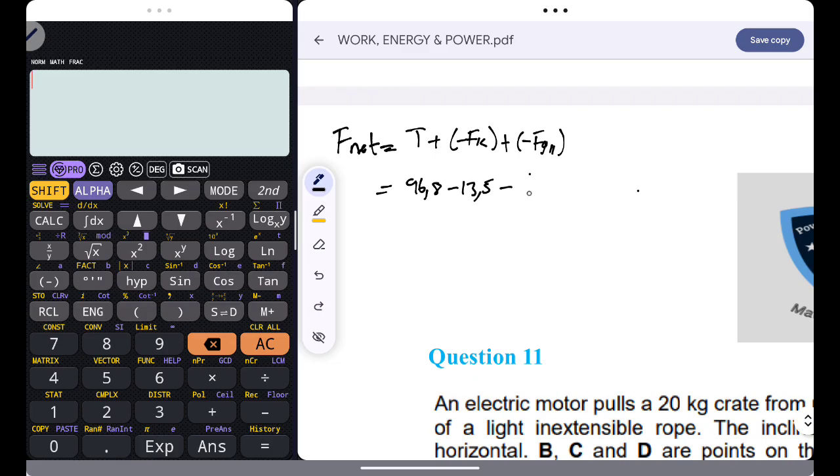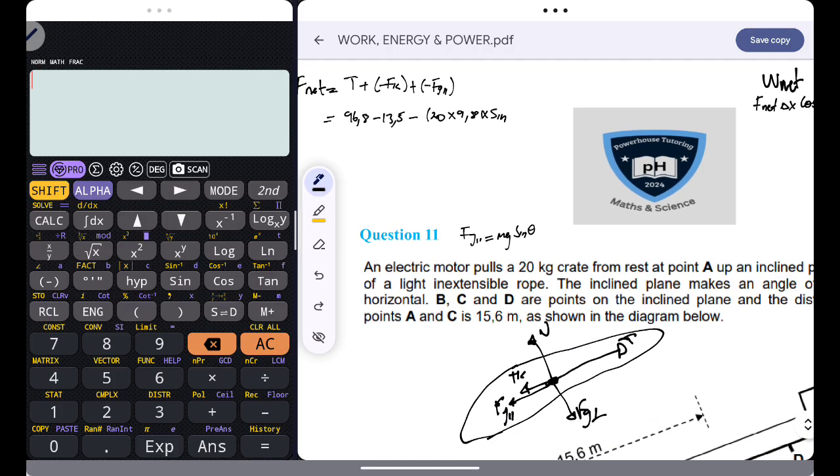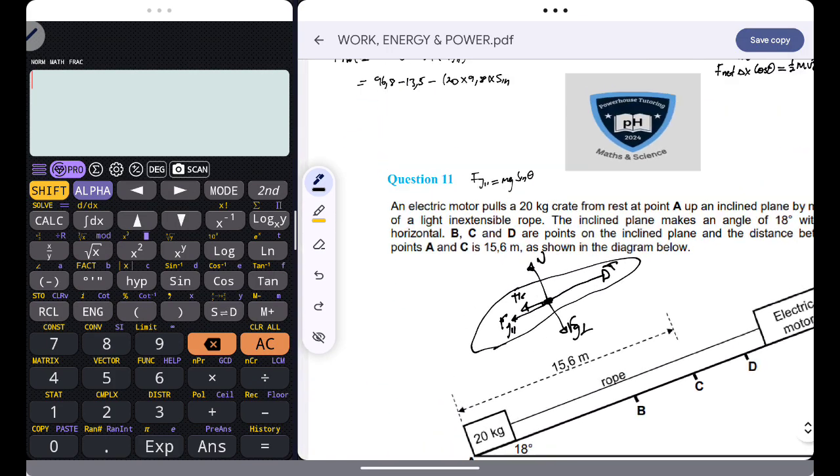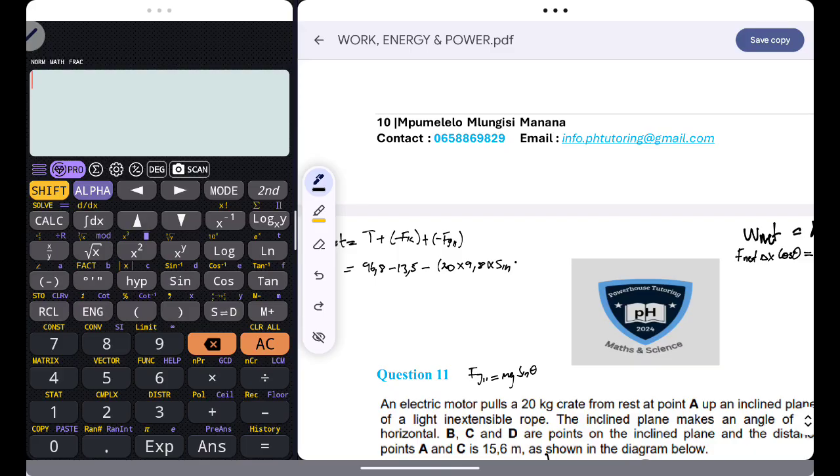Fg parallel, you will always find it by saying Fg parallel is equal to mg sine theta. So the mass of the object that is being pulled is 20 kg, 9.8 multiplied by the sine of 18 degrees.